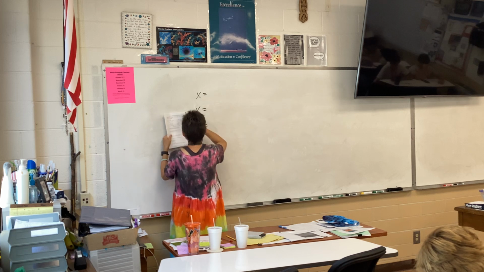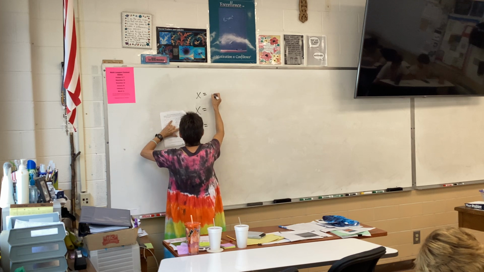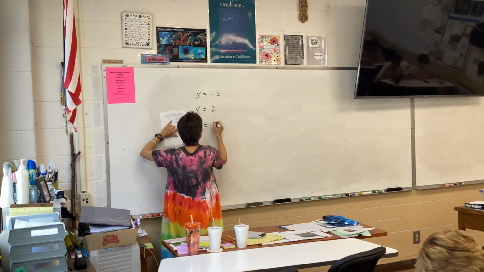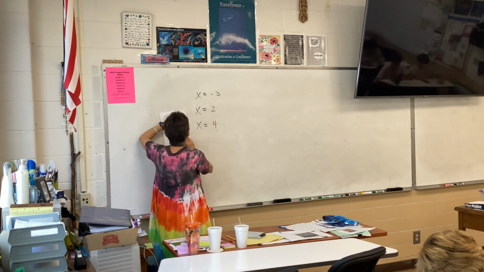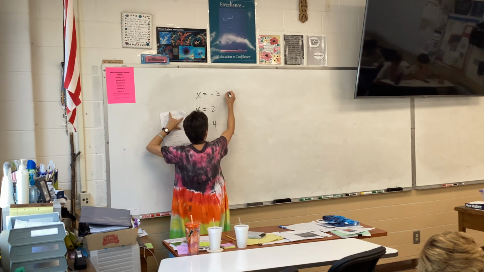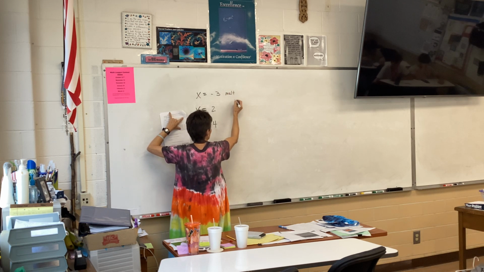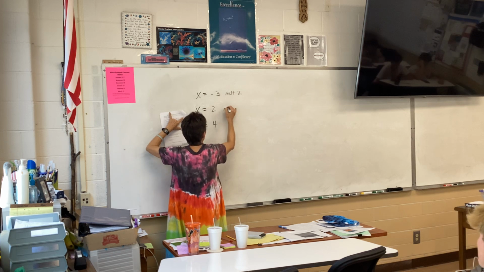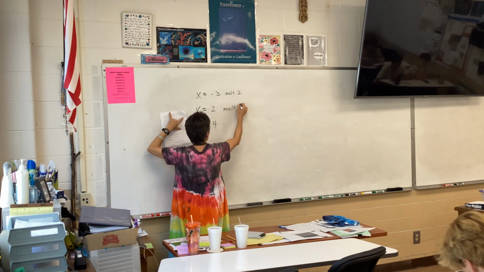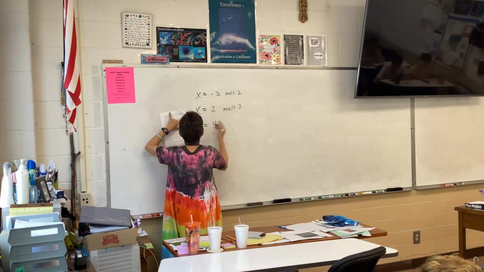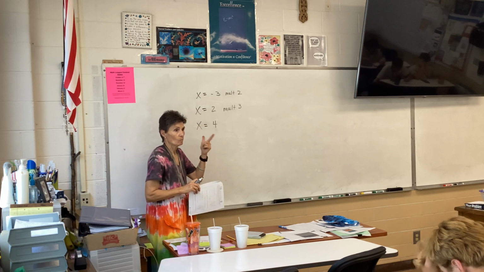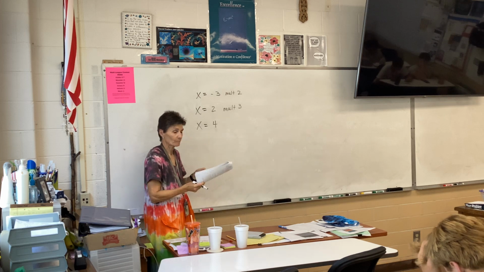Where did you come up with the zeros? X equals negative 3, 2, and 4. Negative 3 had a multiplicity of 2. 2 has a multiplicity of 3. And 4 is what we call a simple 0. It only happens once because the curve goes straight through.